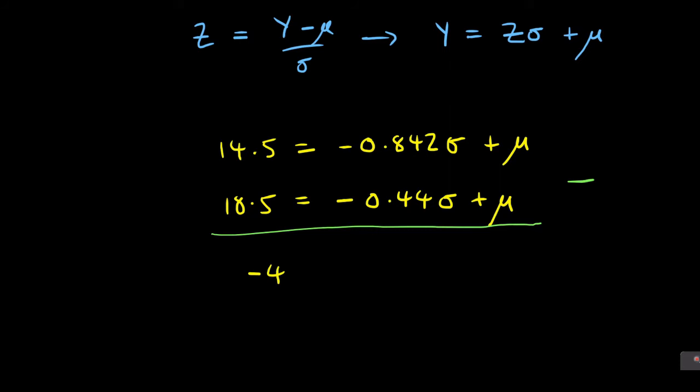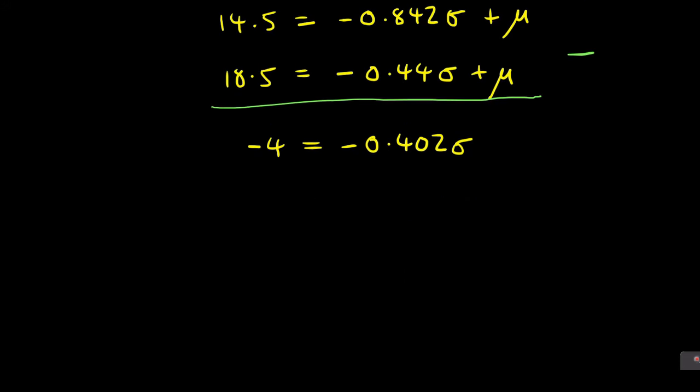So negative 4 is equal to, and I've got to be very careful, minus 0.842 minus, that's going to be plus 0.44, and that gives me a value of negative 0.402 sigma. Again, the mu's disappear. Sigma is going to be negative 4 divided by our answer, and that gives me a sigma of 9.95. I'm just going to quickly check the mark scheme to see if I'm on the right track. Yeah, sigma is 9.95. Okay, jolly good.